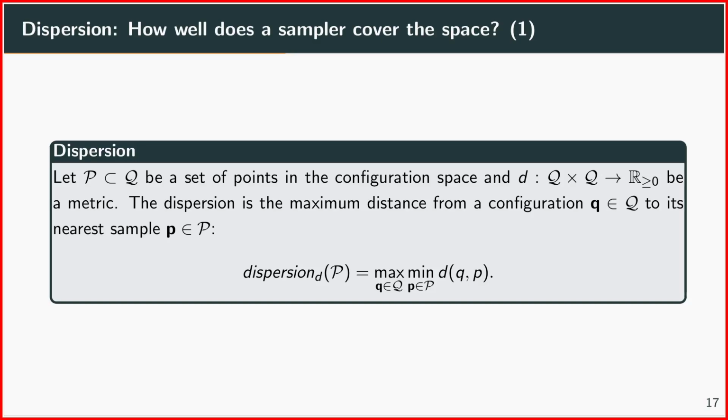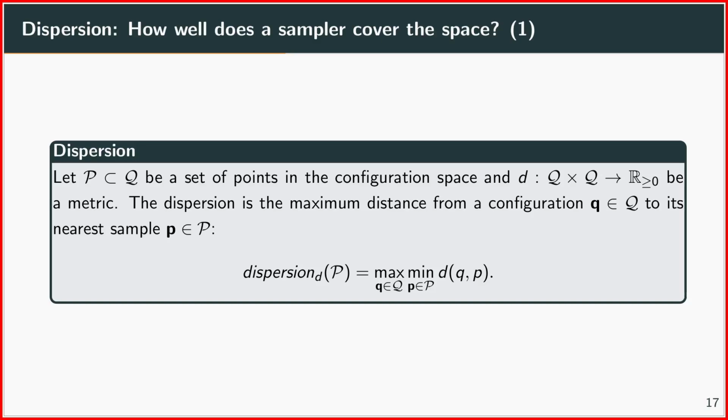If you have a configuration space Q and you have a set of points P in this configuration space with a metric D, then the dispersion is defined as the maximum distance from any configuration in your configuration space to the nearest sample in your set of points P. So basically, you go over all possible points in your configuration space and you compute the minimum distance to the nearest point, and the dispersion is just the maximum of all of that.